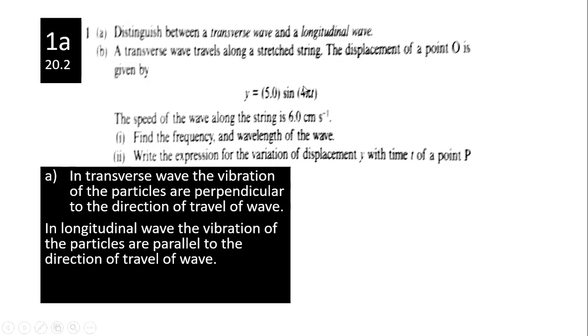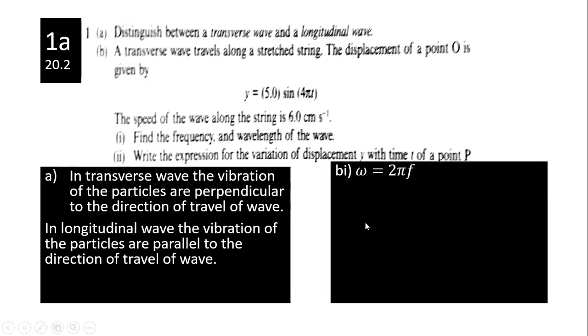Yeah, from here, 2 pi f equals 4 pi. Omega is 2 pi f. Then your frequency is omega over 2 pi. Right? Omega is 4 pi here. Divided by this 2 pi. So you get 2 hertz. How to calculate the wavelength?